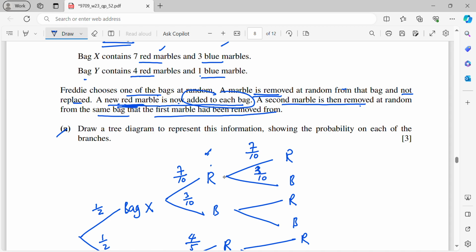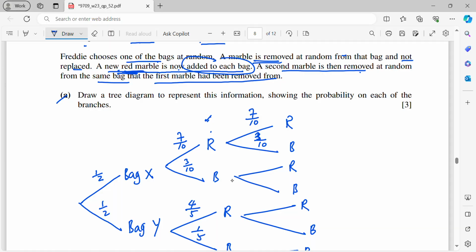Okay, with the additional 1 red marble. Now, if let's say you have taken the blue marble, it's supposed to be 9 marbles in total now, but because you are adding one new red marble, obviously it will be 10. The blue marble has been reduced by 1, becomes 2, and then the red marble added 1, therefore it is 8.